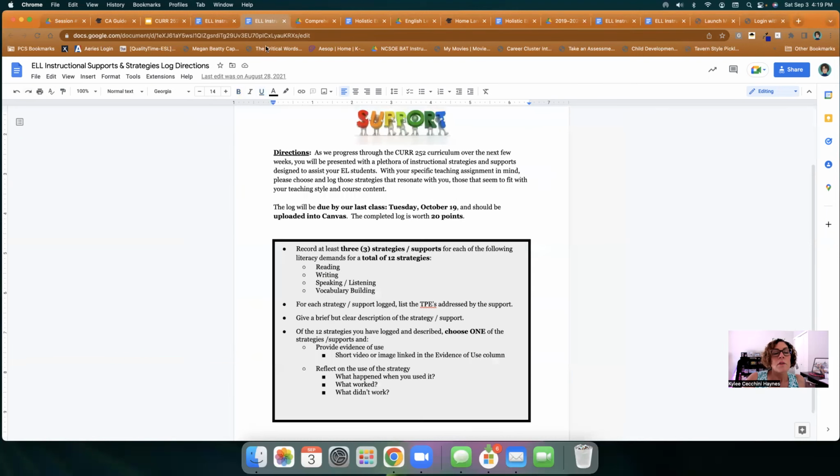Okay. Then you're going to list, for each of the strategies that you've listed, what TPEs are addressed by the support. It's always important we bring things back to the teacher performance expectations, because ultimately when you get into year 2, you will be doing your teaching performance assessment. And that's how you actually get your credential. You have to pass that assessment.